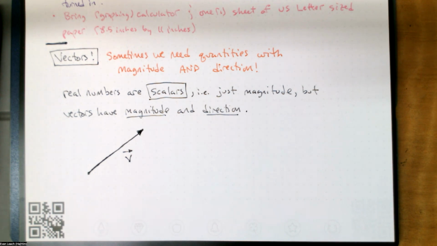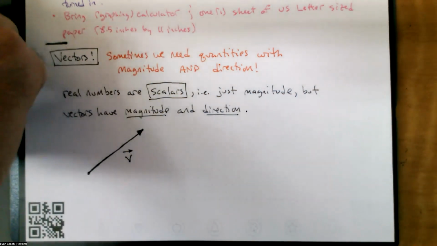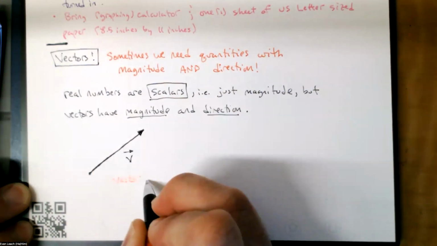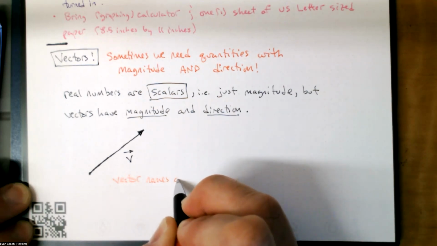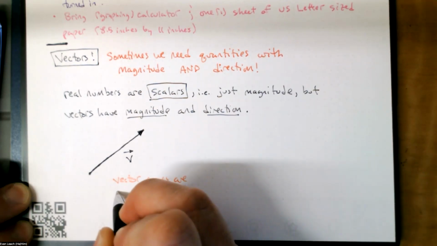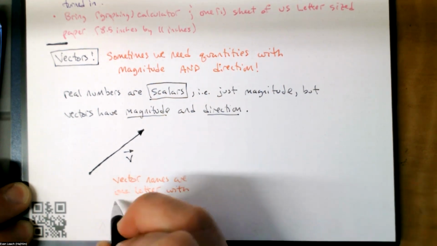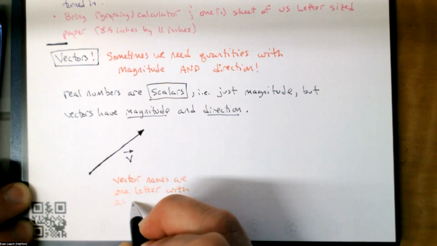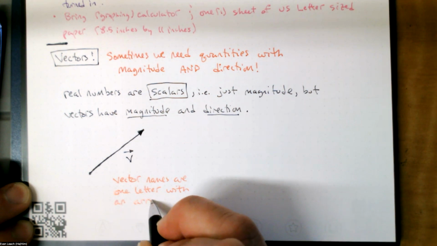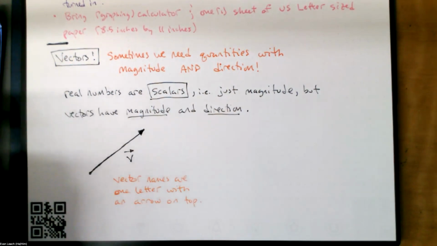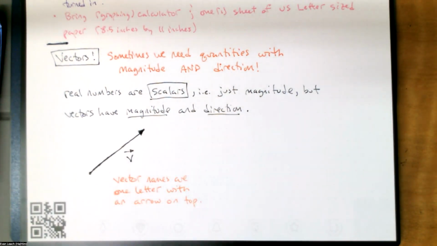Usually they're also not italicized, but that depends. Vector names are one letter with an arrow on top.